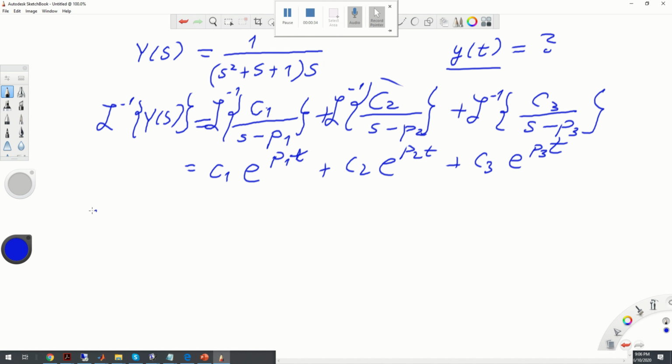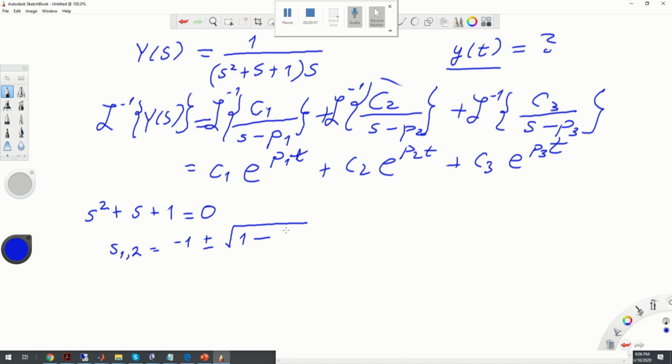So the zeros of this term over here, what are the zeros? The zeros are minus 1 plus minus square root of 1 minus 4ac. This is C, this is A, this is B, right? We remember the formula.